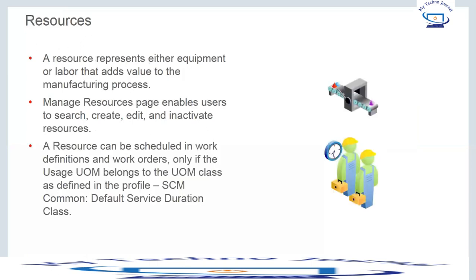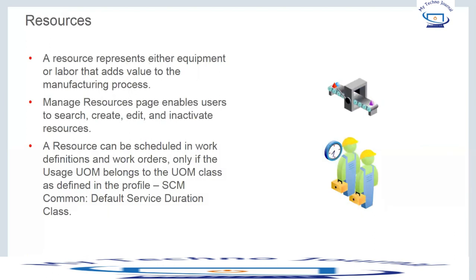Now coming to resources. Resources are charged to the work order based on the rate, and while defining the resources, a user can click on the define rates checkbox or button and provide whatever rate per hour is charged by that particular resource. A resource could be either a human resource or equipment.